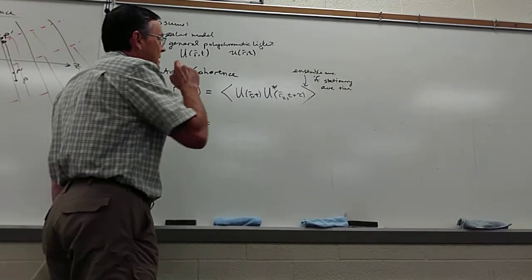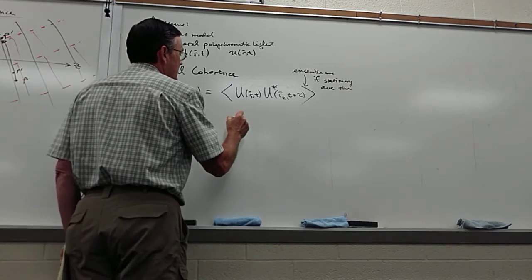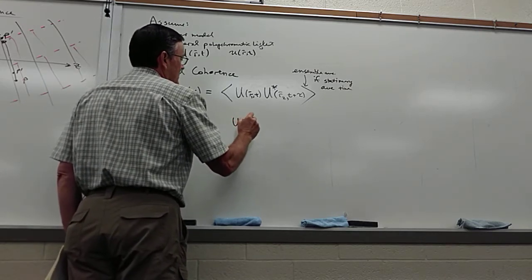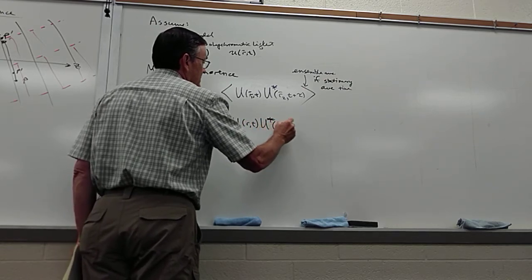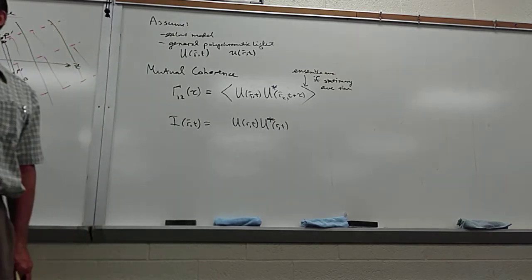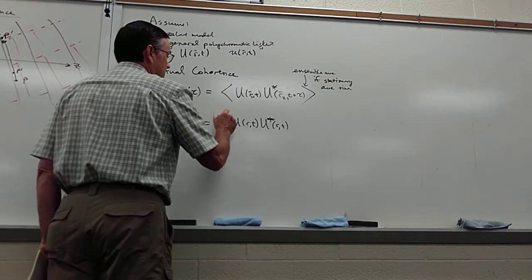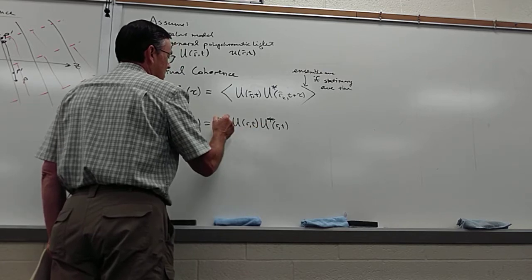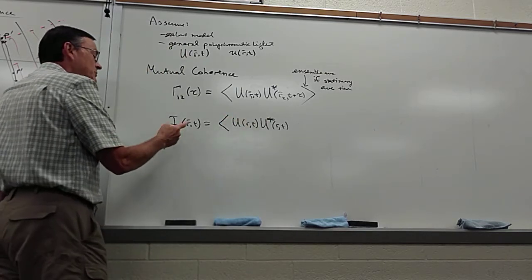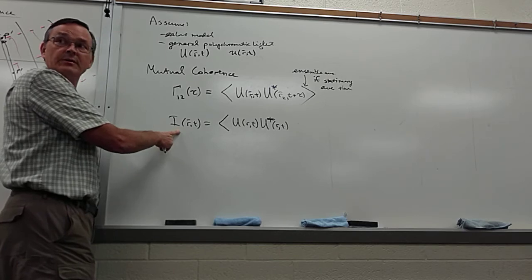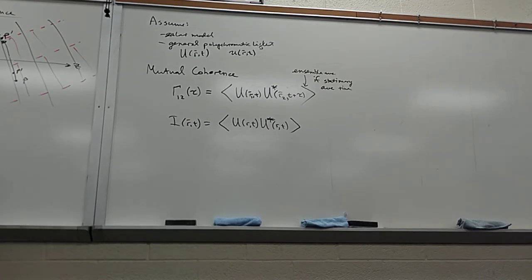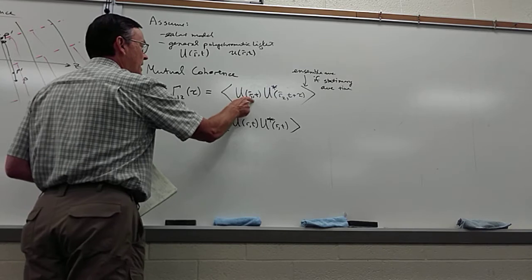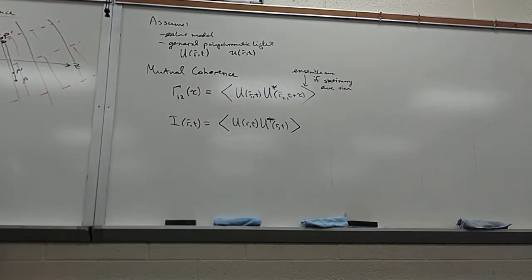Let me write it a little differently: U of r, t times the complex conjugate of U of r, t. That's the magnitude squared. But this is instantaneous, and we don't care about the instantaneous irradiance. We always care about the time average irradiance. So we take the time average.